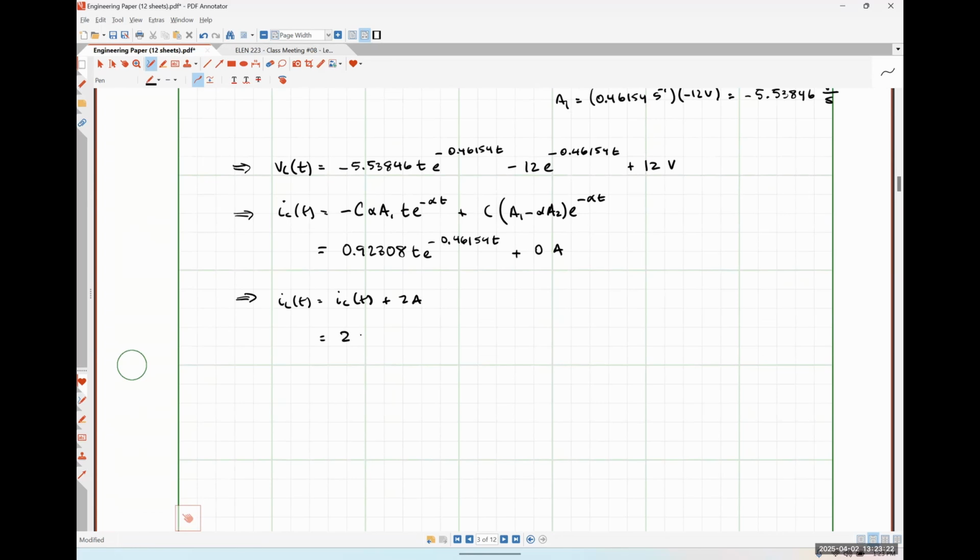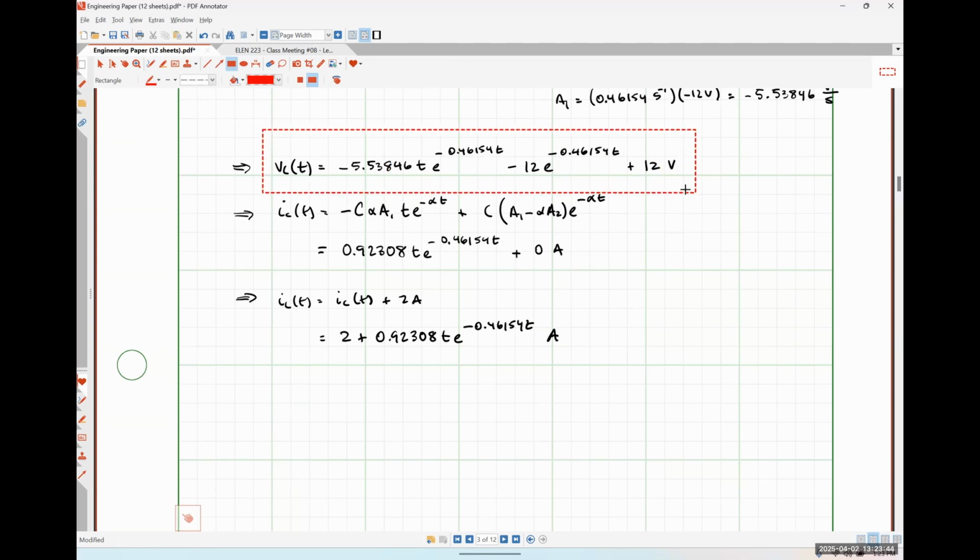So that would look like 2 plus 0.92308 t e to the negative 0.46154 t amps. So we got that as a result and that as our other result.